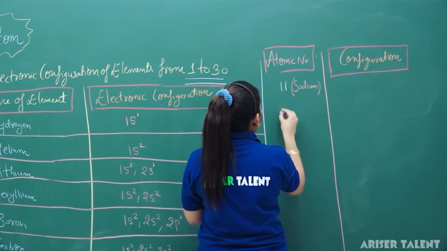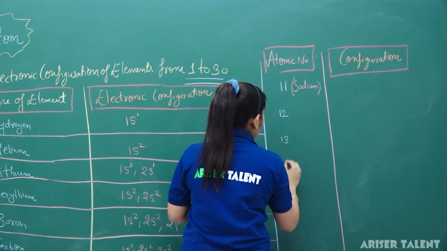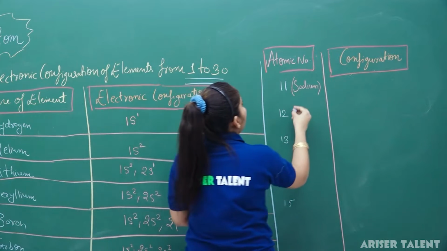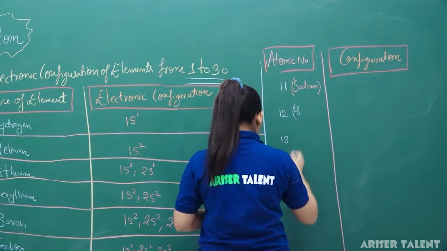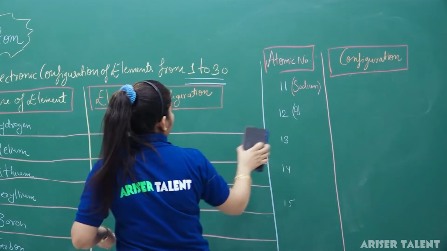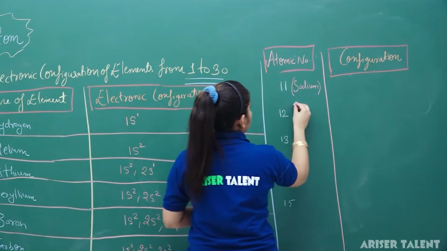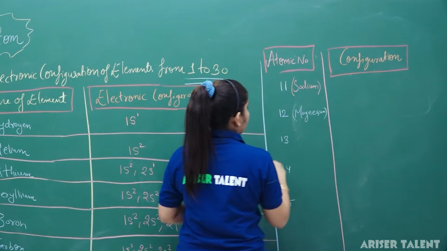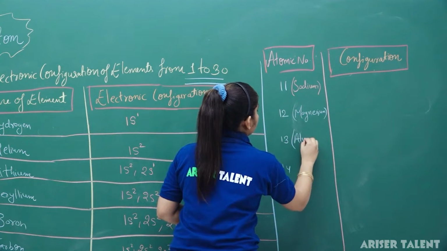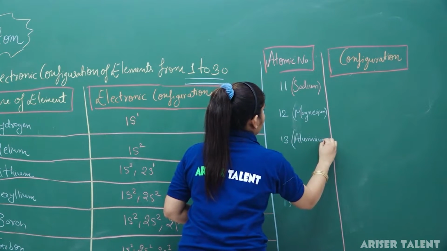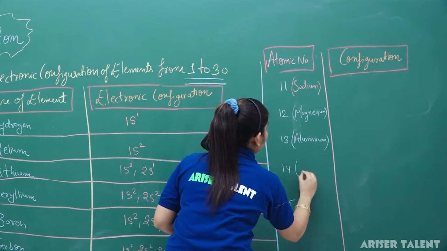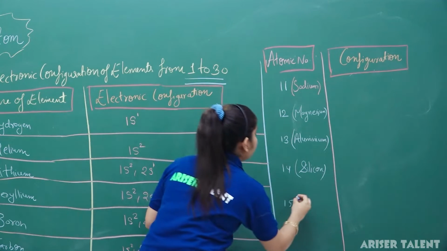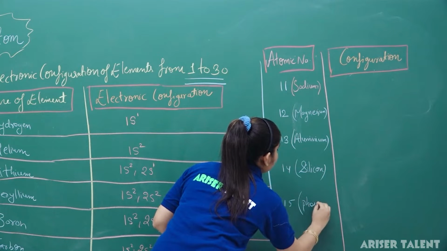If I talk about atomic number 12, 13, 14 and 15, after sodium we have magnesium and aluminium, aluminium 13, silicon 14 and the 15 one is phosphorus.